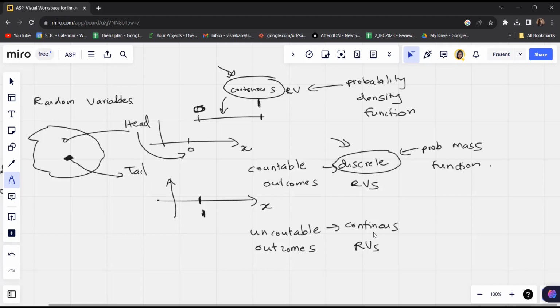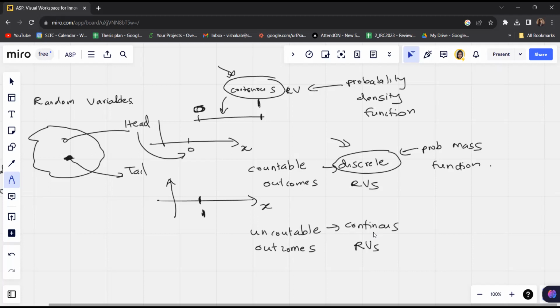If it is a discrete random variable, the outcomes are countable. That means we can count the number of outcomes in that random experiment, and then denote those outcomes as discrete random variables. So there are specific numbers that we can use to denote the outcomes of the experiment.